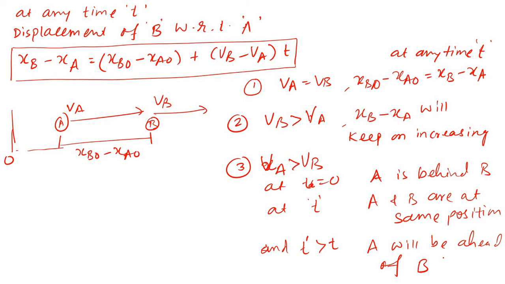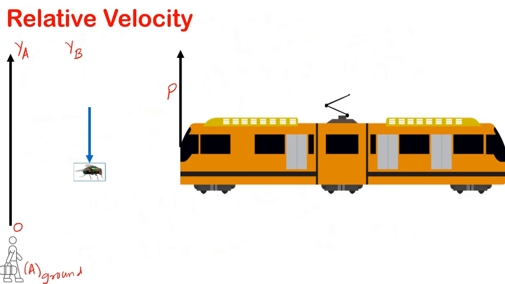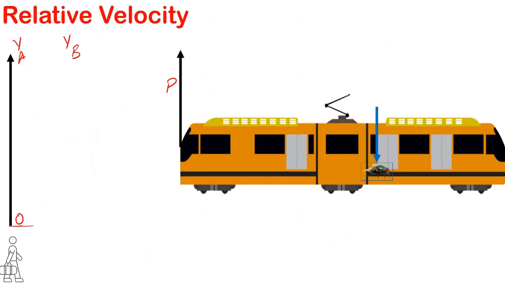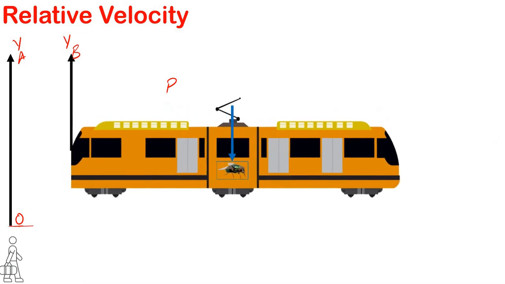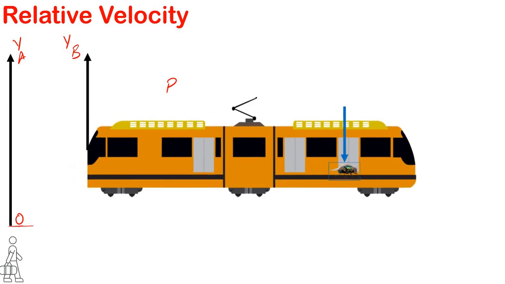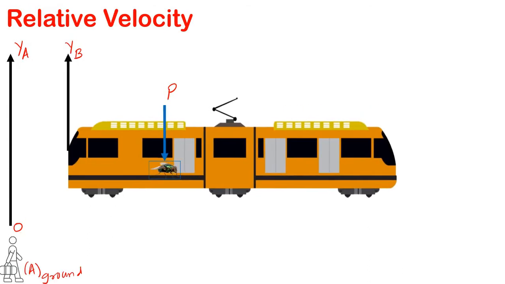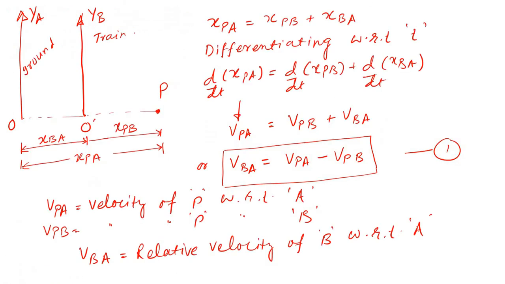Let's see the revision of what we have done today. Today we have introduced the concept of relative velocity. We have seen that if an object is in motion inside another object, then there is going to be relative velocity, and this concept is explained with the help of the formula over here. If a particle is moving with some velocity, then we can find out relative velocity.